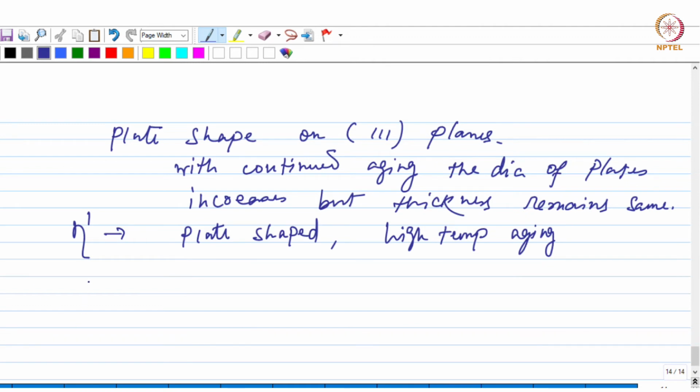And finally, on continued aging, this equilibrium phase eta forms, which has a hexagonal crystal structure.